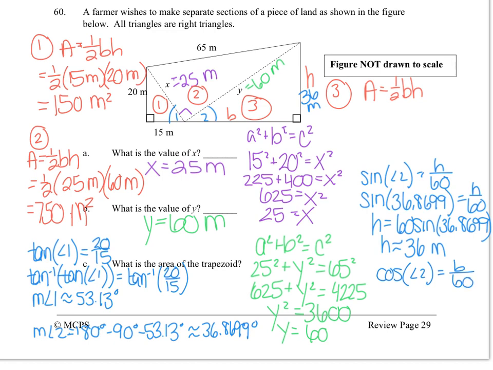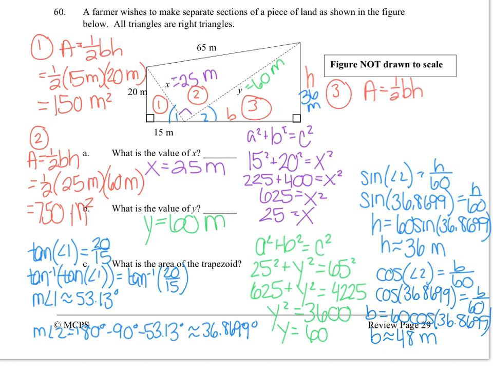So cosine of 36.8699 is going to be equal to b over 60. I'm going to multiply both sides by 60 and get b equals 60 cosine of 36.8699, and therefore b is going to be approximately 48 meters.